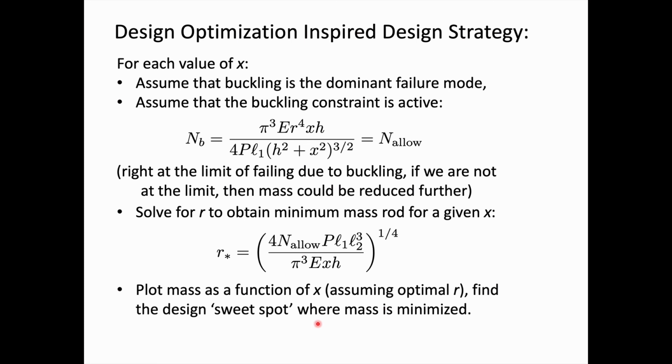So here we're looking at the entire design space, both r and x, but we've made this assumption that the buckling constraint is active, and so that allows us to define this relationship for the optimal r, and with that, this reduces the problem to something that's even easier to solve.